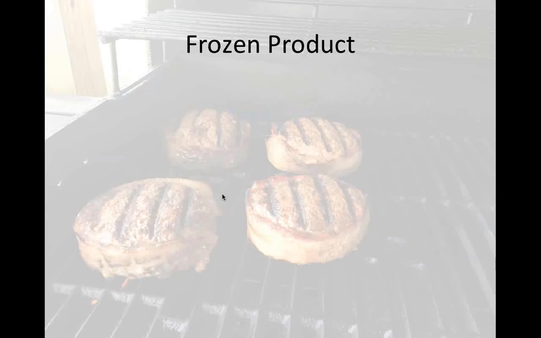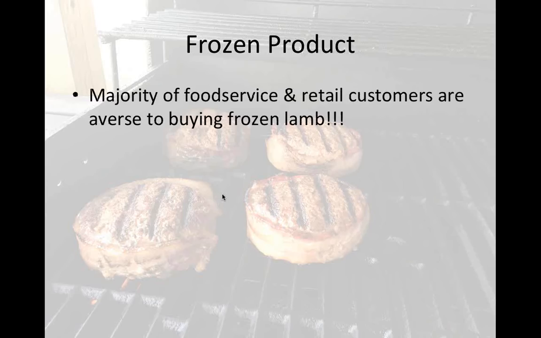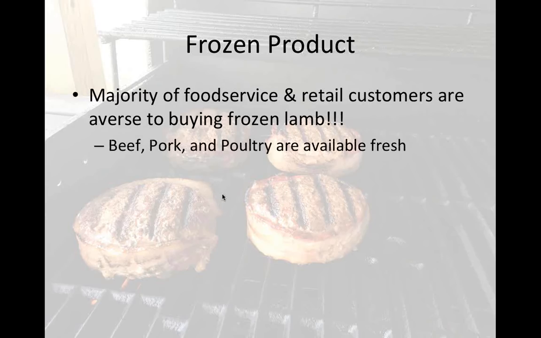So you think, okay, if we've got different seasons, one of the easiest ways would be frozen product. Let's freeze it, lock it in, then thaw it out throughout the year to meet the consumer's demands. It would be an easy solution, except for the fact that the majority of food service and retail customers are averse to buying frozen lamb. And it makes sense.